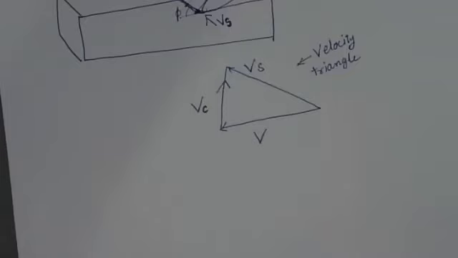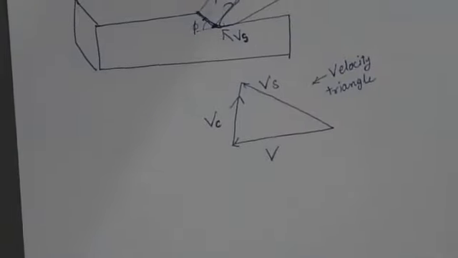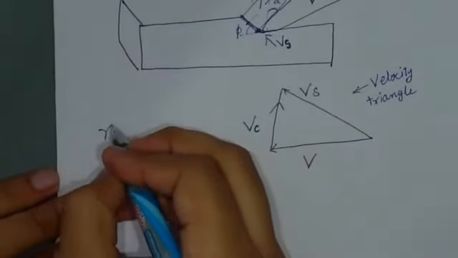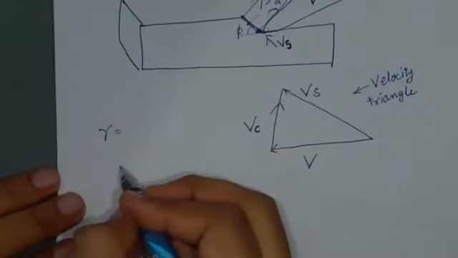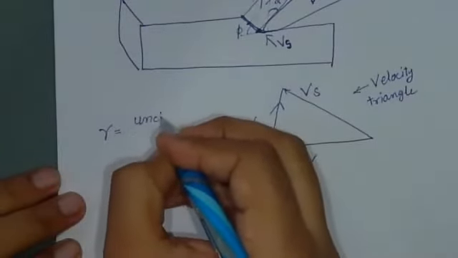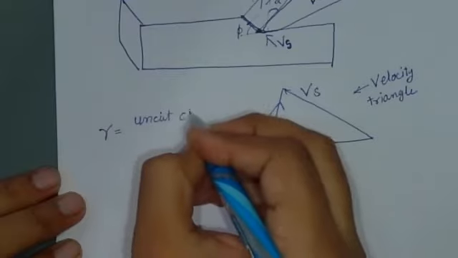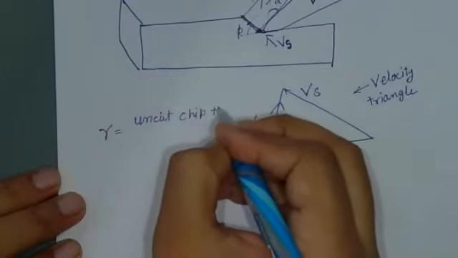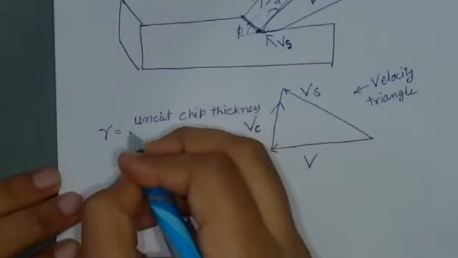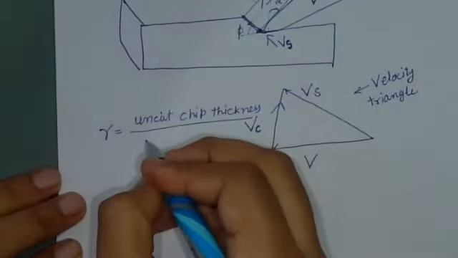Earlier, we have also discussed chip thickness ratio. Chip thickness ratio R is defined as the ratio of uncut chip thickness over cut chip thickness. And we also know that R is always less than 1.